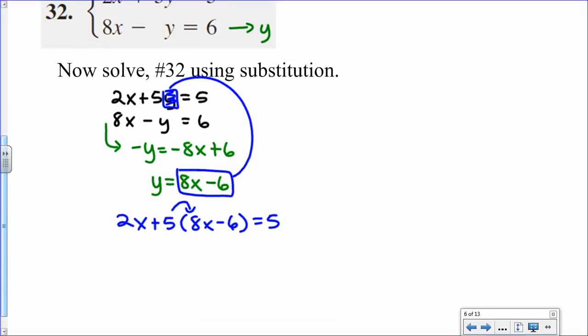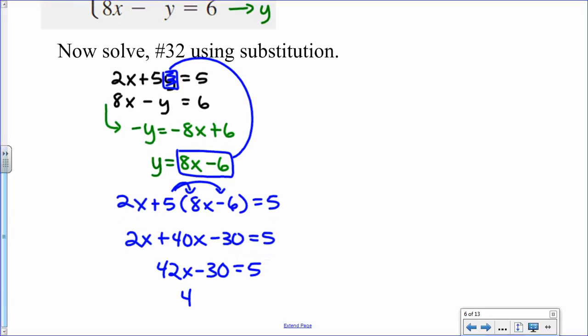All right, let's distribute. So 2x plus 40x minus 30 equals 5. Okay, combine your like terms. So that gives you 42x minus 30 equals 5.